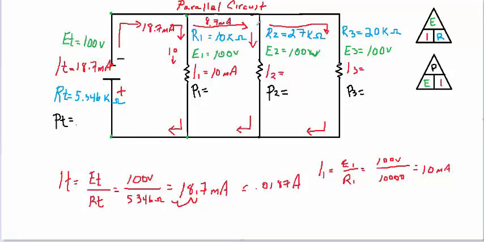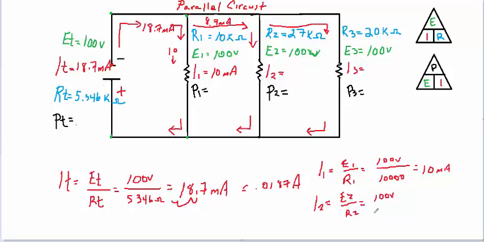So then this divides. Now, because these two resistors are different values of resistance, it's not going to divide equally. So let's determine what our amperage at resistor 2 is. Amperage at resistor 2 equals the voltage at resistor 2 divided by the resistance of resistor 2.